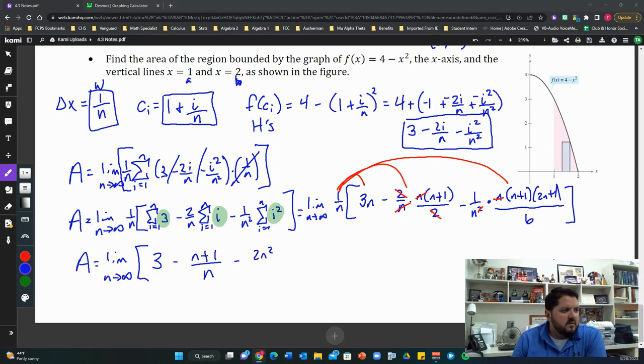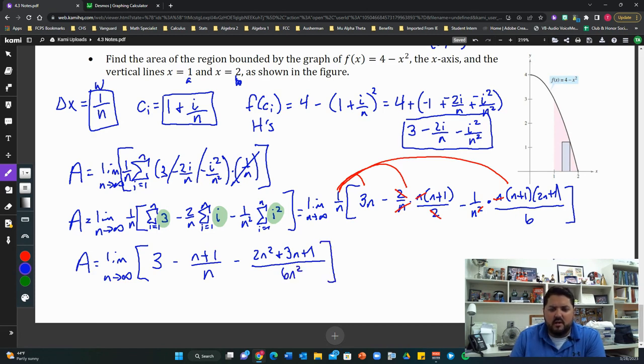So that gives me 2n squared, and then plus 3n, plus 1. And then on bottom, 1 over n times this 1 over n times 6 would give me 6n squared underneath.